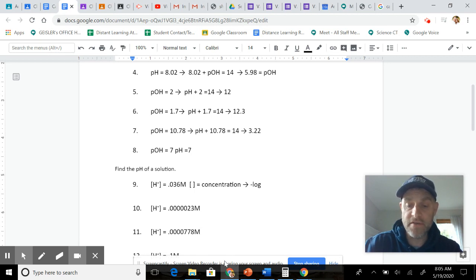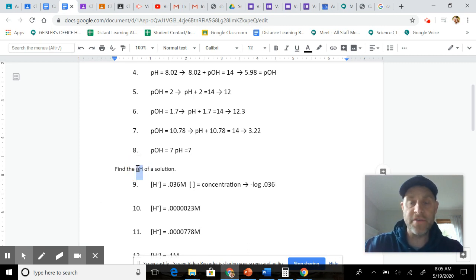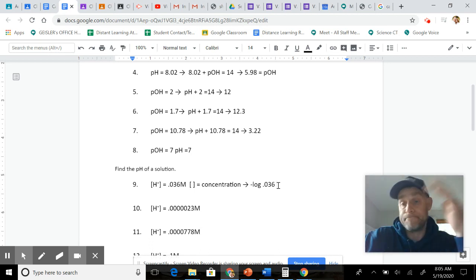In this case, concentration is 0.036. Remember, we're looking for pH. That's the power of hydrogen. So what is the power of hydrogen? Well, I have the concentration of hydrogen. So to figure that, all I have to do on my calculator is go negative log 0.036, enter.